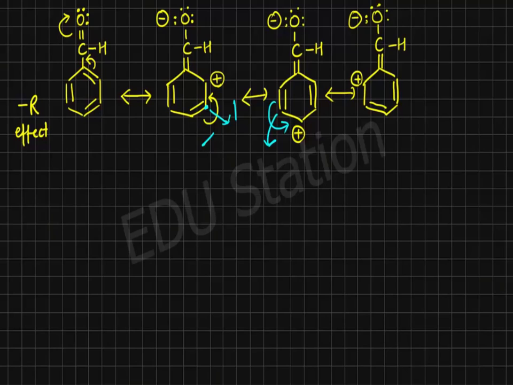So, again structure 2 matches with structure 4, and the last structure, this withdraws the electrons from here and oxygen gives back the electrons. So, it will come back to structure number 1.